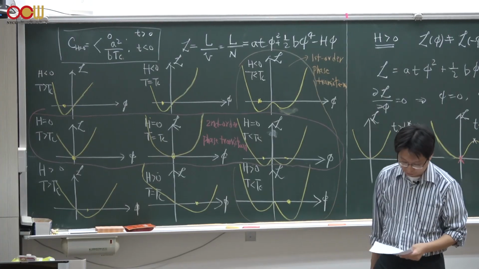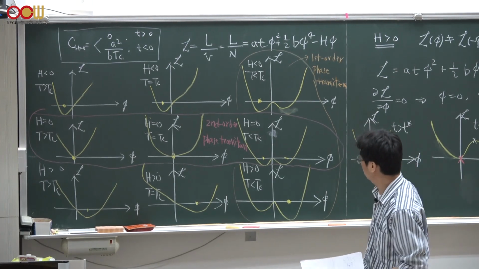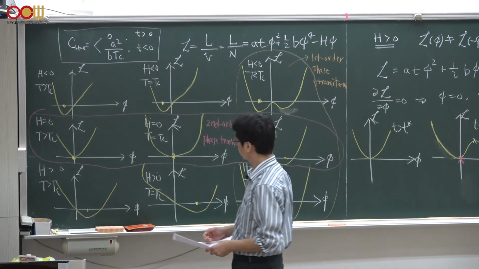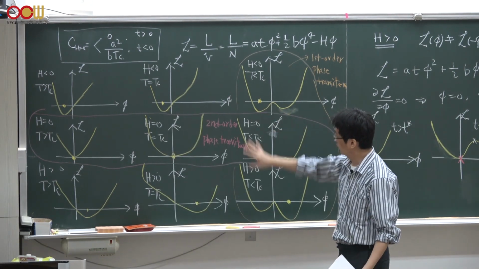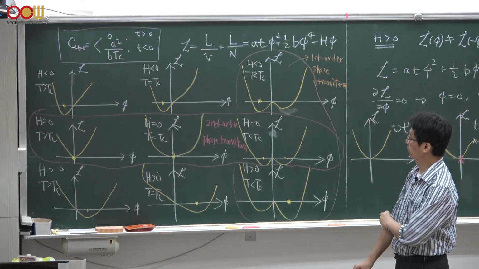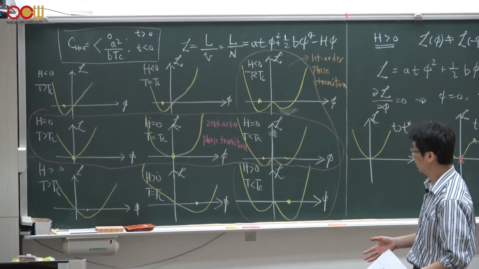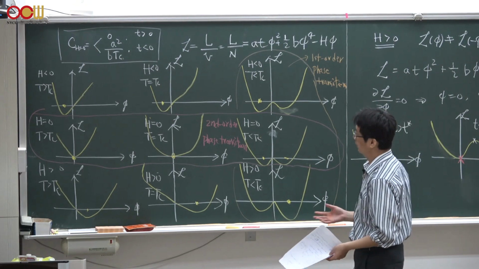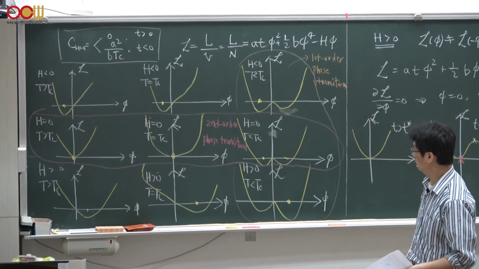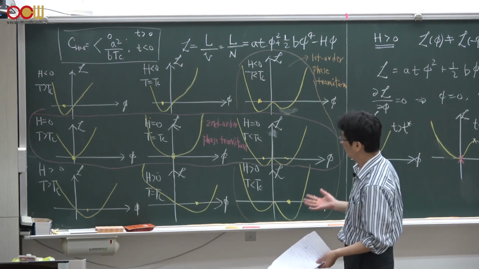So let's use graphs or figures to illustrate how the phase transition occurs within Landau's formalism. Here I plotted 9 figures depending on whether the field is negative, 0, or positive, and also depending on whether the temperature T is above Tc, equal to Tc, or below Tc.